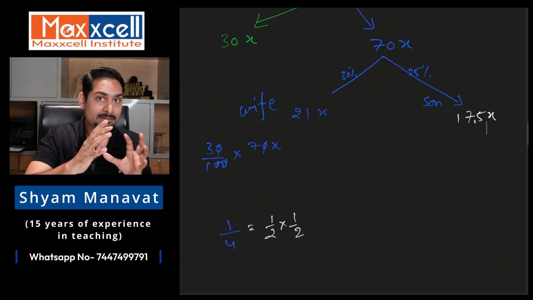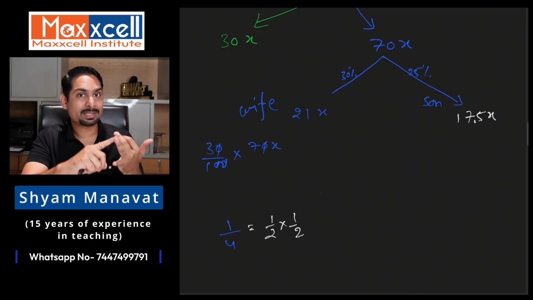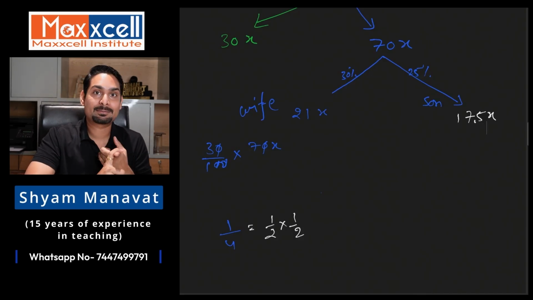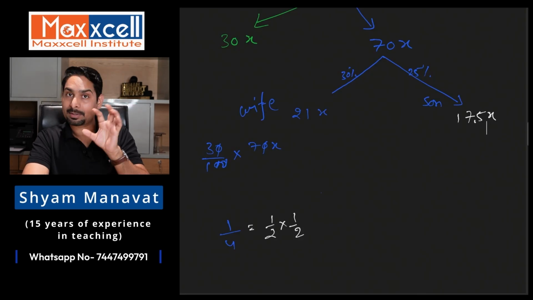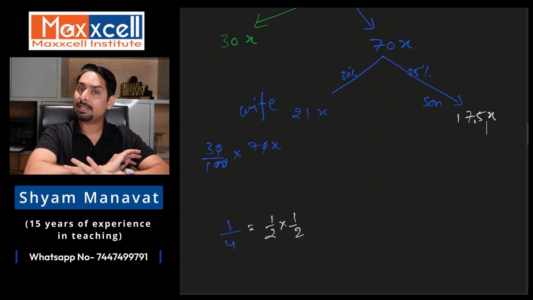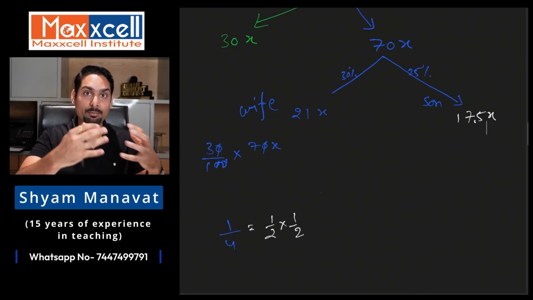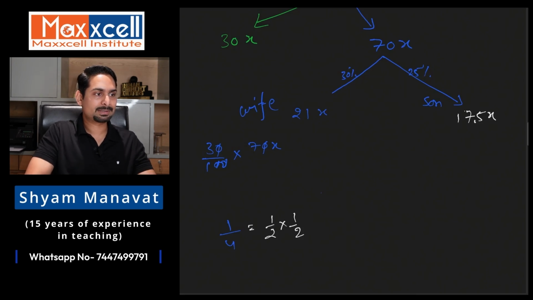Please start learning tables. Learn tables till 25, squares till 25, cubes till 10 and fraction percentage values from 1/1 to 1/20. It will help you in the entire quant chapter, and I will prove it in the coming chapters. So this has gone to the son.